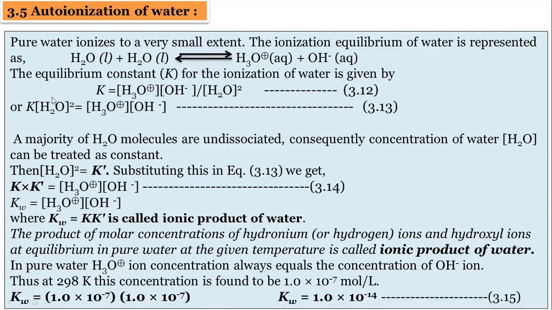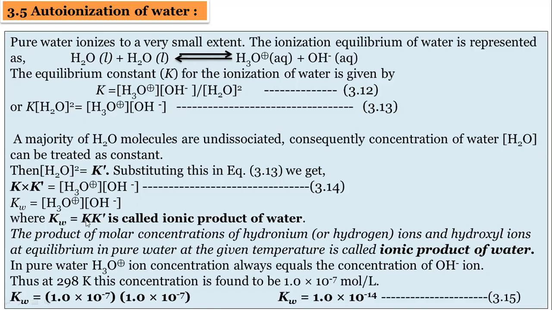So this expression, equation number 3.13, will be K into K dash, where K dash is the concentration of H2O square. So K into K dash is equal to, this remains as it is, molar concentration of H3O plus and molar concentration of OH minus. So this K into K dash is called as Kw, and what is this Kw? This is called as the ionic product of water.